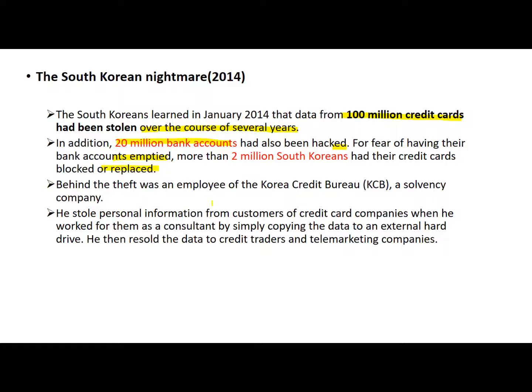The reason for this hack is that there is an employee in KCB. He just stole this kind of information because he was working as a consultant. Then he could just copy the data to an external hard drive. Then he resold this data to some external companies.